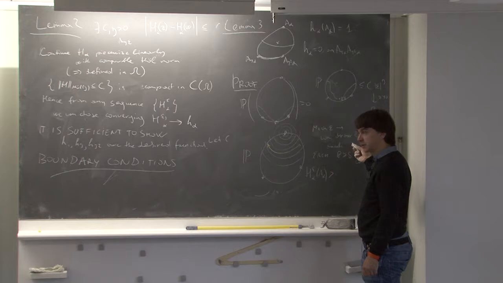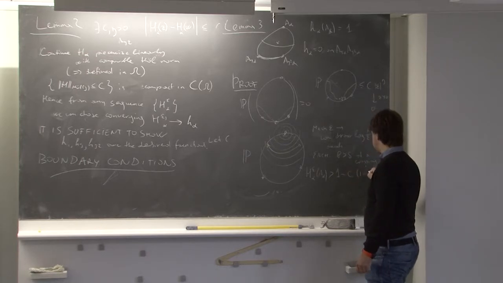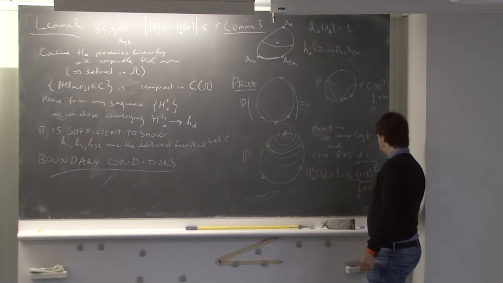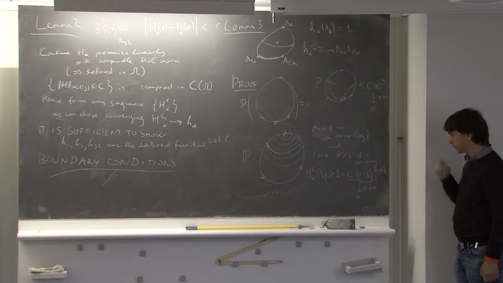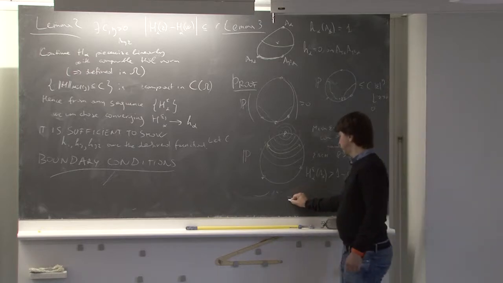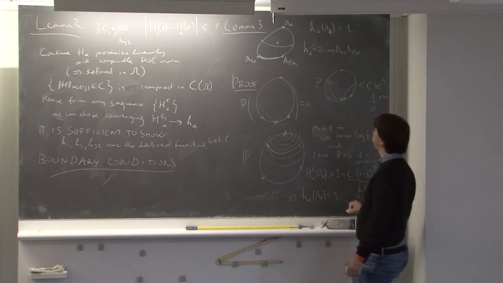The bad thing is that we can draw neither, so it's 1 minus constant times 1 minus delta to the log 1 over epsilon. So that tends to 0 as epsilon goes to 0. So it tends to 1. So we conclude that H alpha of A alpha is equal to 1.